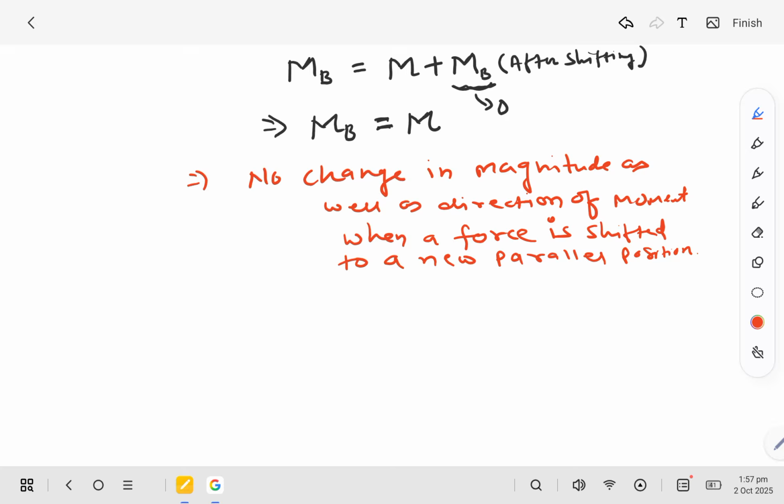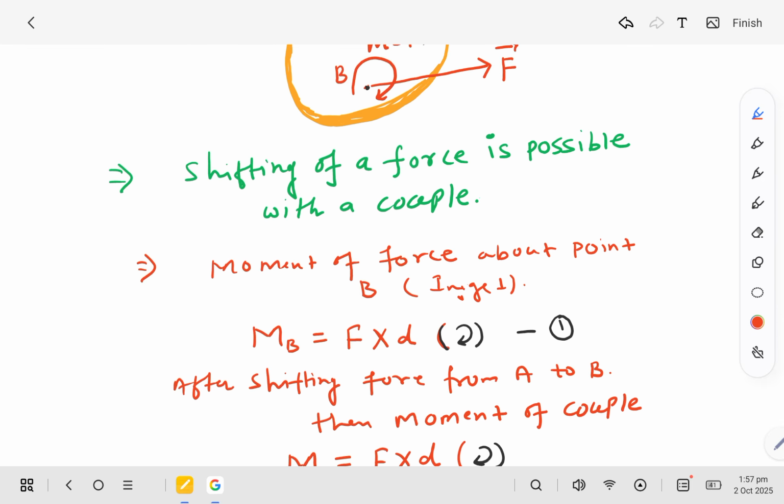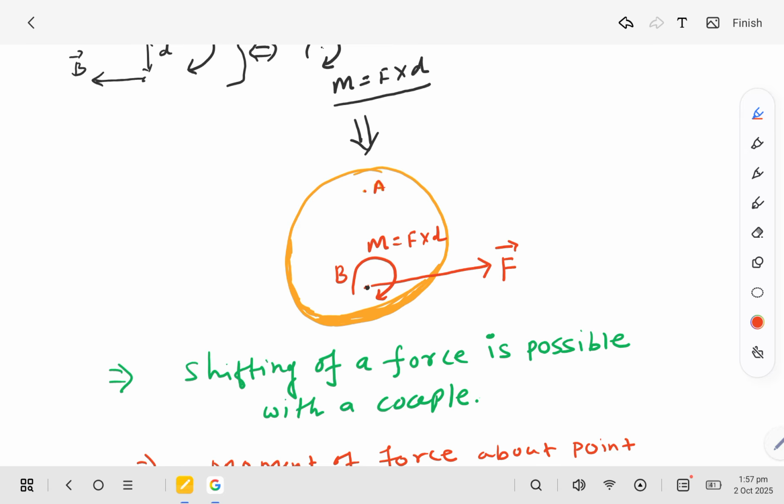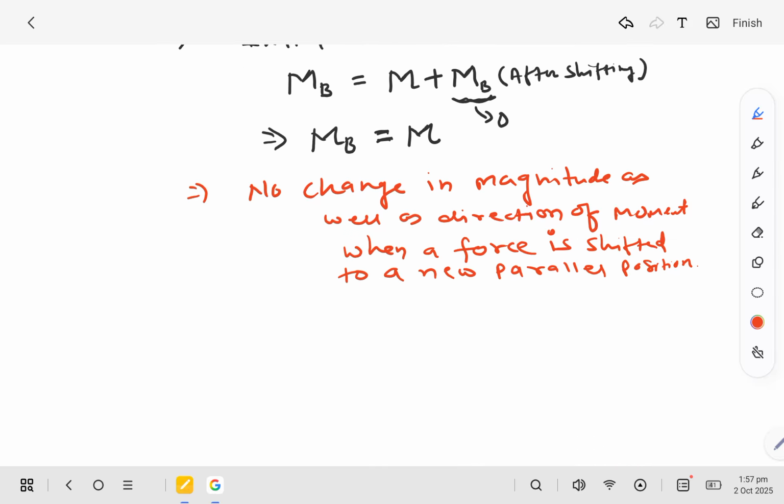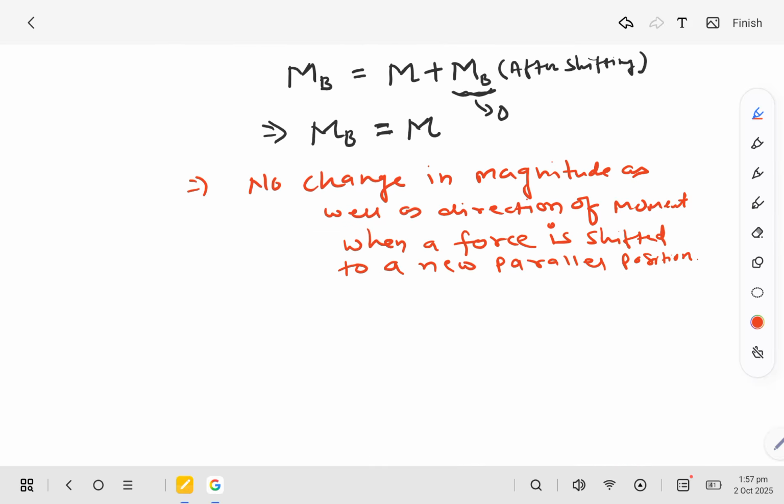It means the force at a new position. We can transfer one force from point A to point B by one couple and a force acting at point B.